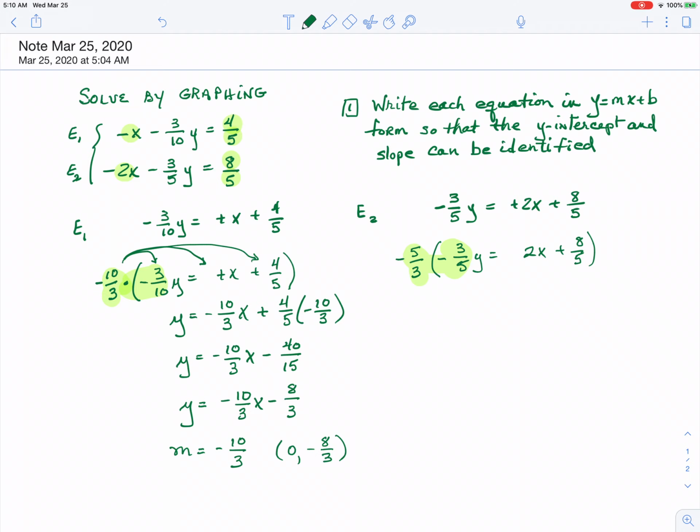And again, I've got to remember that that -5/3 gets distributed throughout the entire equation. So I'm seeing a -10/3 x here, and I'll go ahead and work this part out. I did something in my head there maybe I shouldn't have. I'll go back and show you that step. Now I'm noticing that those 5s are going to cancel out when I missed it before. Let me show you how I got here.